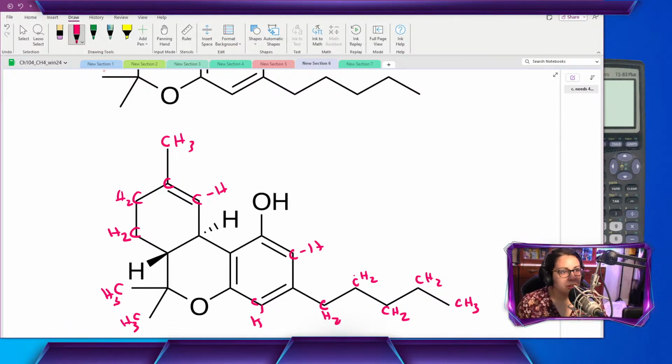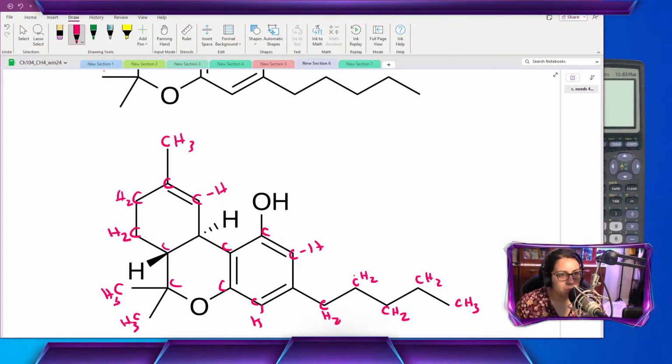Now I'm going to start counting our carbons. 1, 2, 3, 4, 5, 6, 7, 8, 9, 10, 11, 12, 13, 14, 15, 16, 17, 18, 19. Uh-oh. I feel like I messed up.